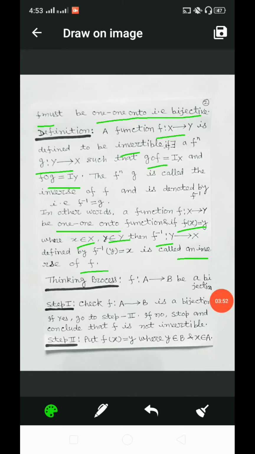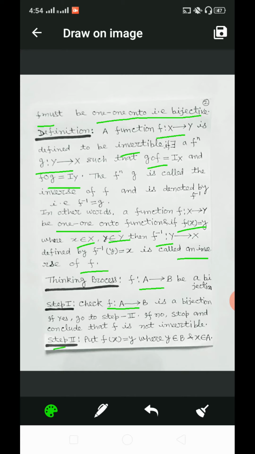We can follow the following thinking process to find the inverse of a function. Thinking process to show f from A to B is a bijection. Step first, check whether function f from A to B is a bijection, that is, one-one and onto. If yes, go to step second.